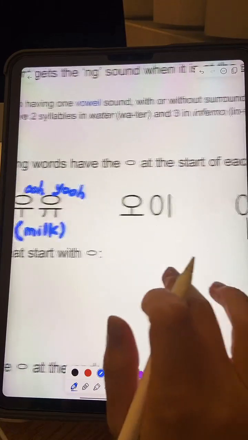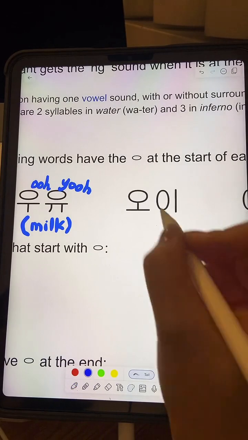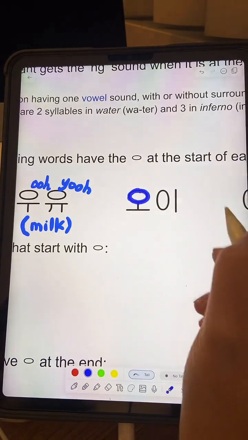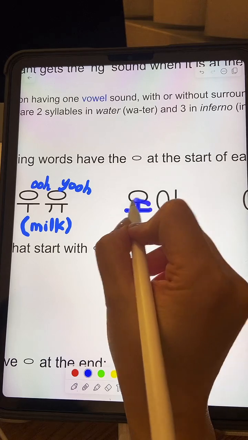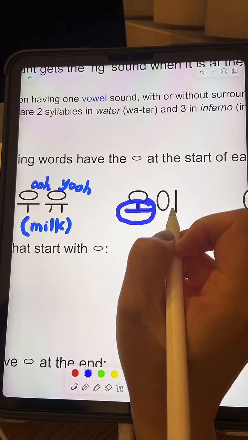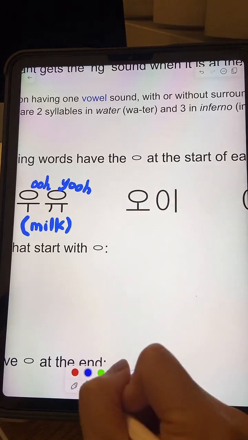Good job. Next word. What do we have? Silent. O. This is a vowel. Underneath vowel. O. Good. Oi.